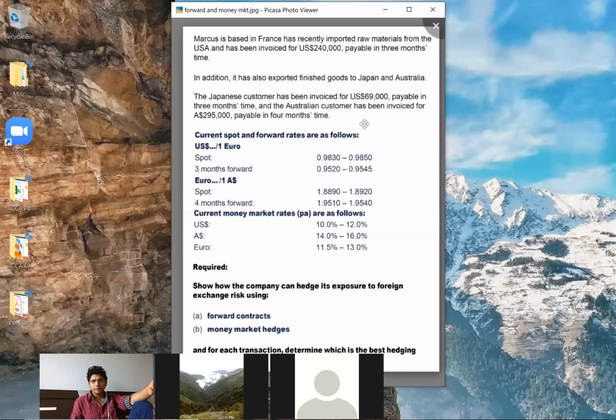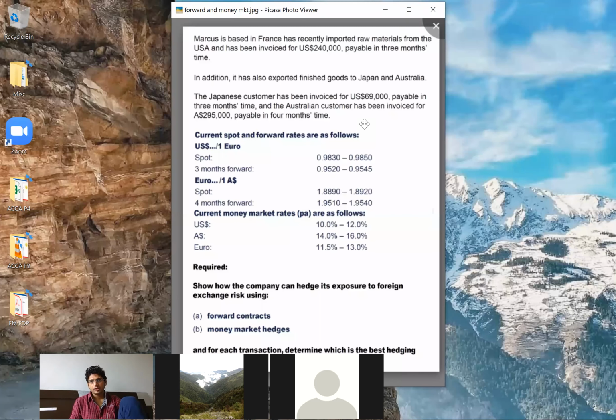They have given interest rates as well as the forward rates. And required is: show how the company can hedge its exposure to foreign exchange risk using forward contract as well as money market hedge, and determine which is the best hedging technique. So you will have to solve from forward contract as well as money market.